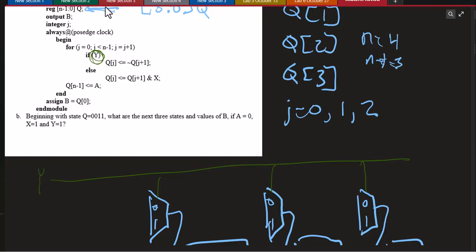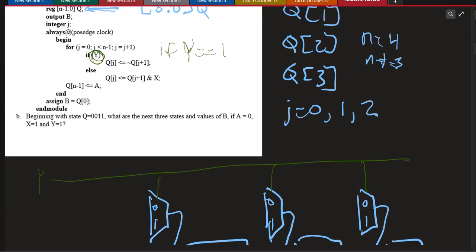And if y, that's the same as saying if y equals 1. So if y equals 1, q of j becomes equal to the not of q of j plus 1.